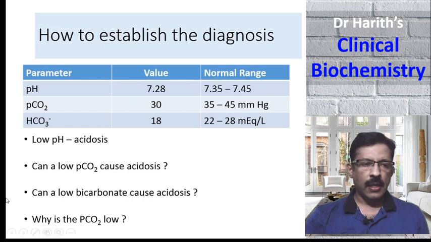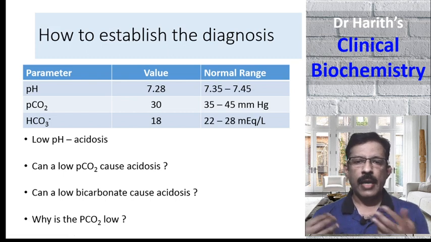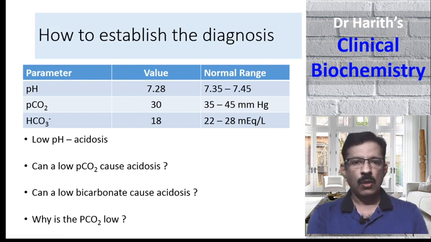So with a low HCO3 causing acidosis, the diagnosis is that this is metabolic acidosis. The next question is, why is the carbon dioxide level low? When you have acidosis, the blood pH changes, and the CSF pH may also change. There is hyperventilation with the effect of washing out carbon dioxide, so that you're losing some acid to compensate for this metabolic acidosis.